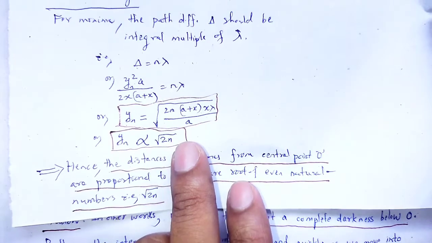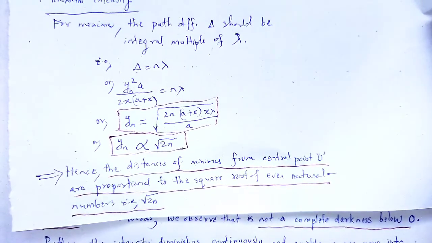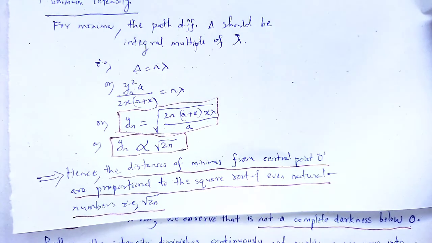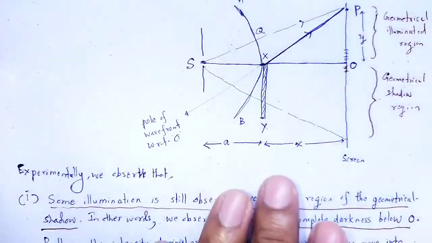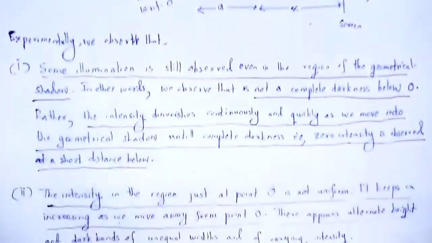Hence, with the increase of n, the bands get closer and their width goes on decreasing as we move away from point O.